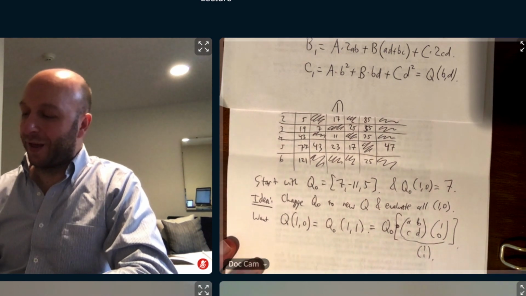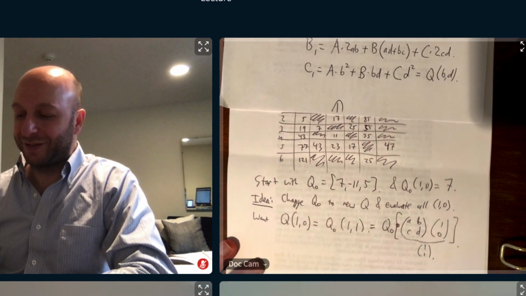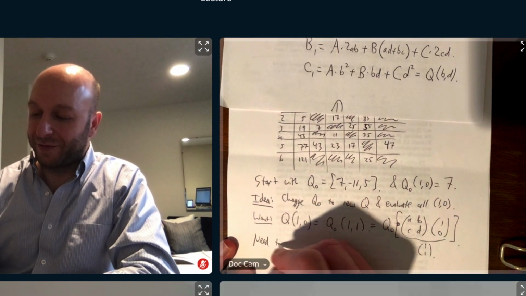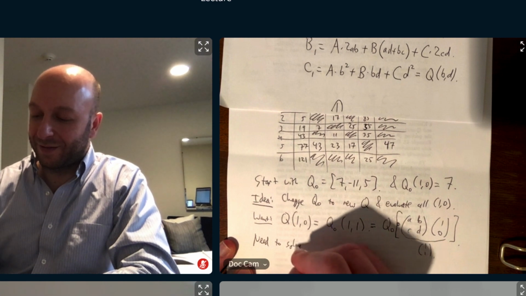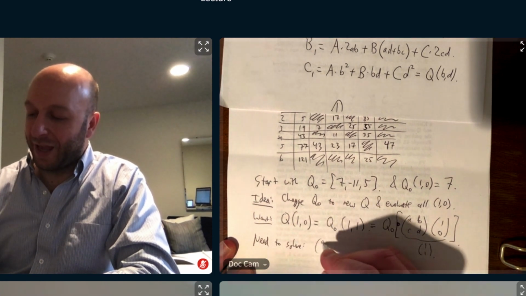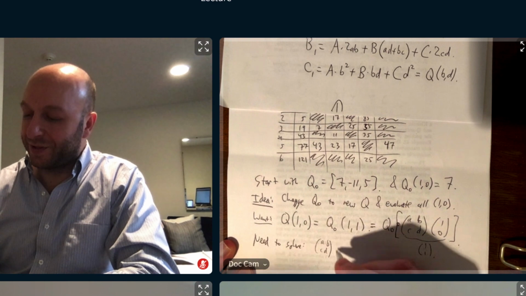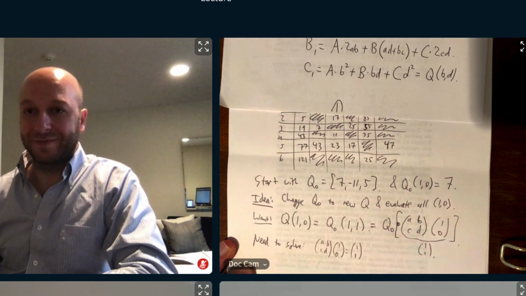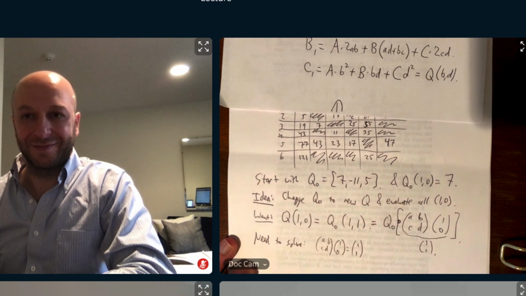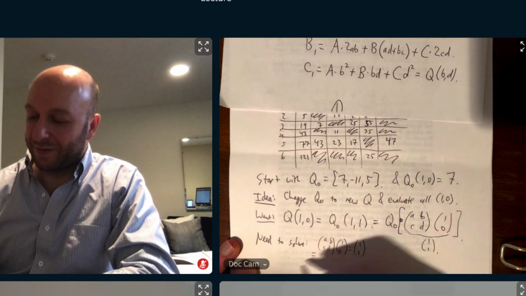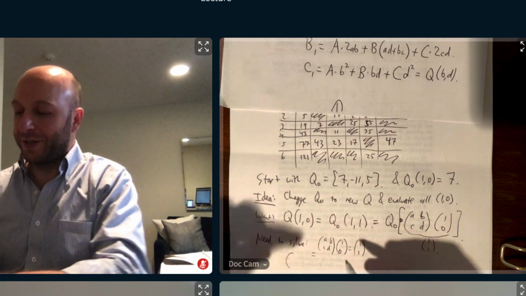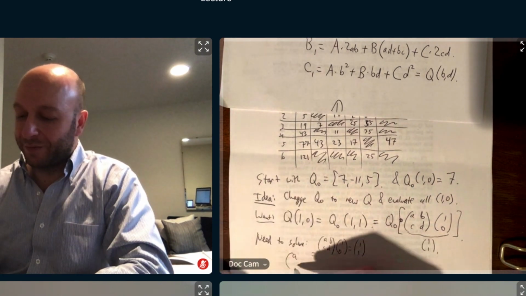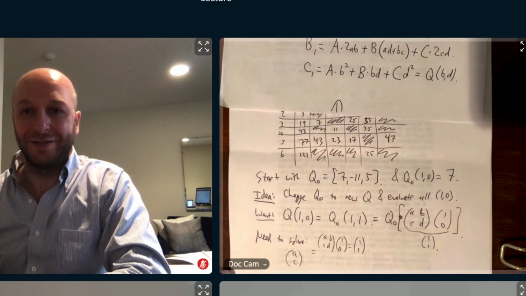So now we're trying to solve the equation: we need to solve A, B, C, D times 1, 0 is equal to 1, 1. Now what is A, B, C, D times 1, 0? This is A and no B's, and C. We need to solve A, C equals 1, 1.